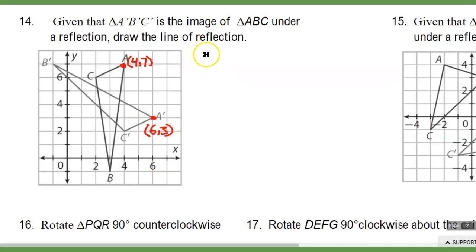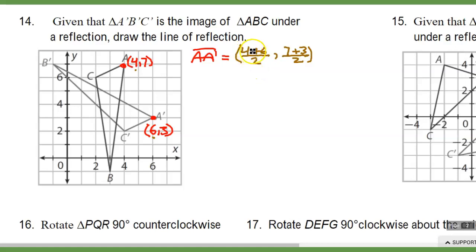Midpoint will be, remember the x's, it's the average. We'll find the middle of 4 and 6. Now you might already know that the 5 is the middle of 4 and 6, but we can show it anyway. And the middle of 7 and 3. So we're going to add these up and find the middle by dividing by 2.